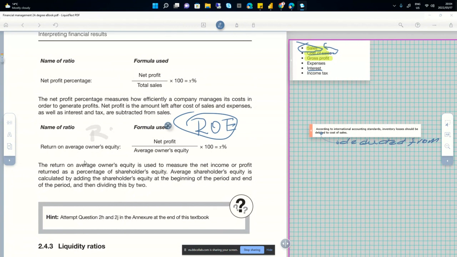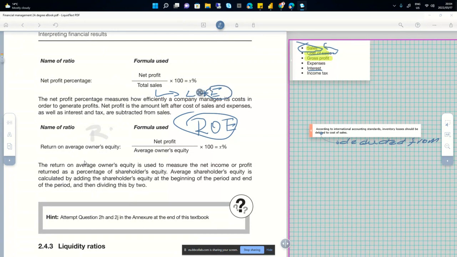So you can see this is narrower than the total assets, because total assets equal the total liability plus owner's equity, right?